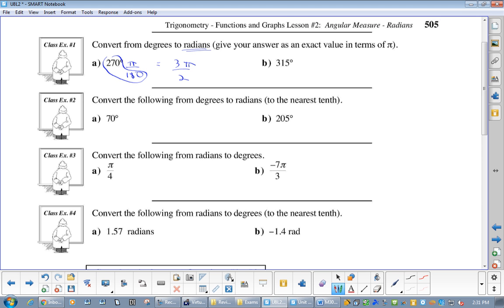Okay, 315 degrees. Let's multiply by pi over 180. Now let's just reduce 315 over 180, leave the pi behind. What do you get? 7 pi over 4.